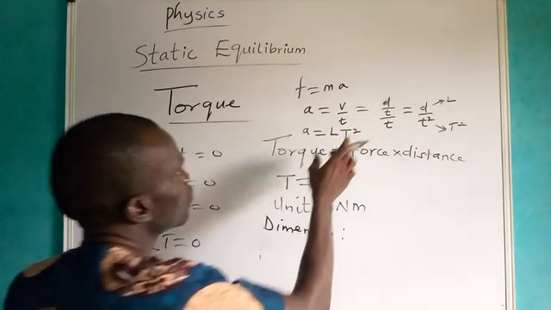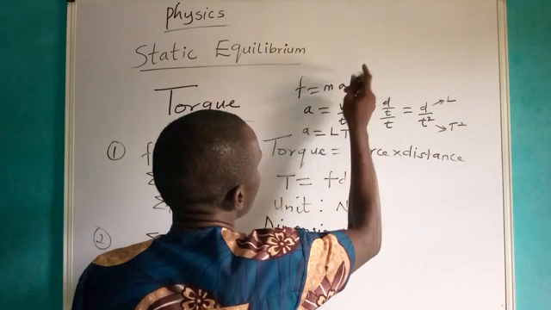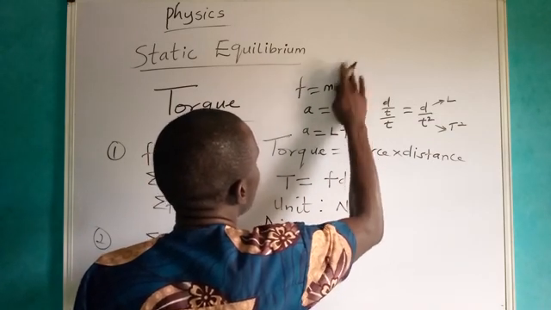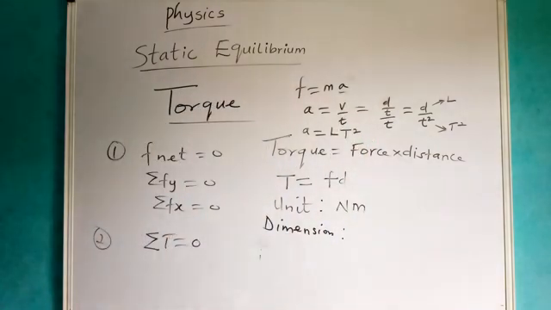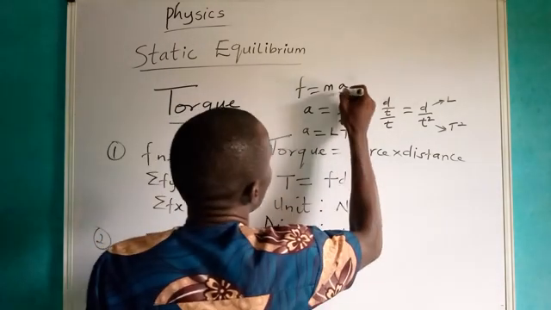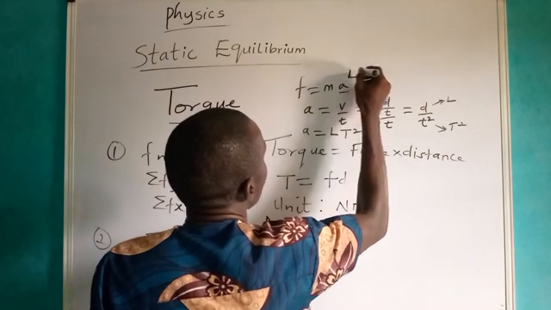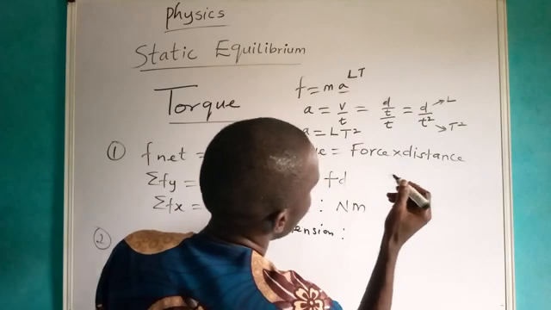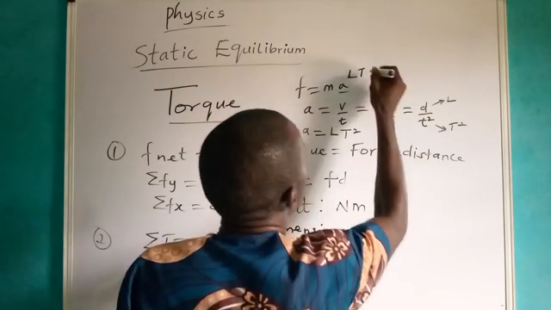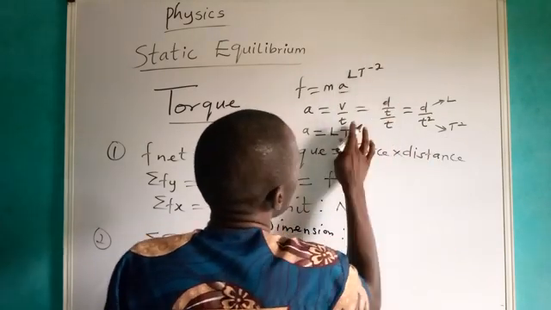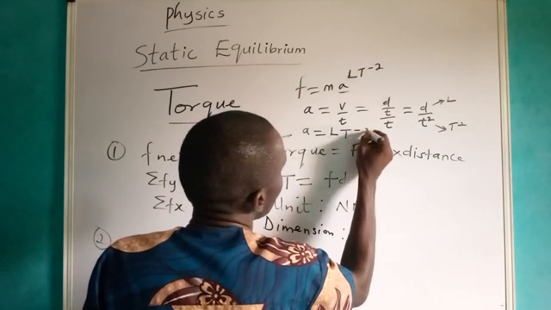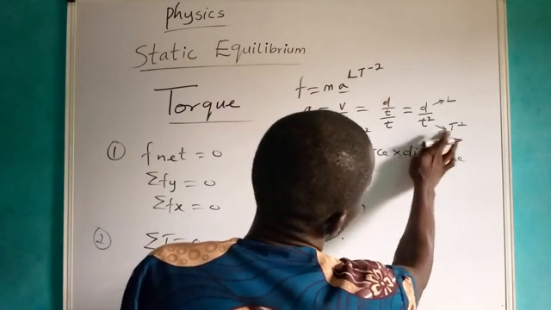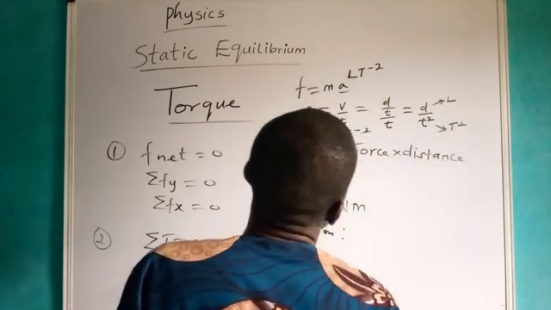If I bring this one here, for the acceleration I will now have the dimension L T power minus 2. Is it not power minus 2? Yes. Look at it here, it's going to be power minus 2. We take note that for the acceleration, it's going to be L T power minus 2. You know this one is a denominator, so you have to take the reciprocal.